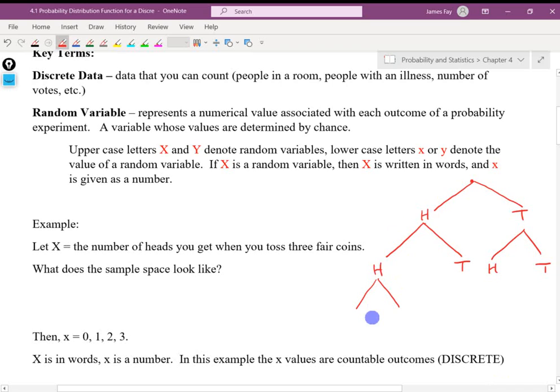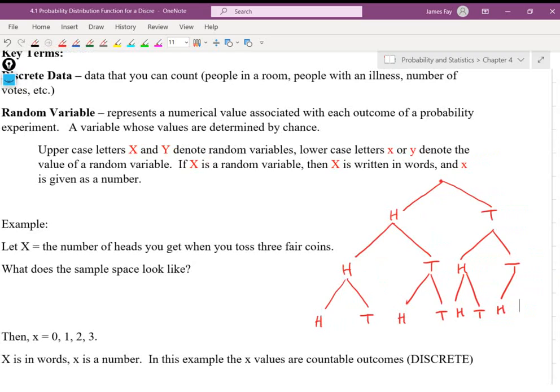And then we got this last one. If I go heads, heads, I could have heads, tails. If I go heads, tails, it could have been heads, tails. And then we get this final one, heads, tails again. So this was the first toss. This was the second toss. This is the third toss.